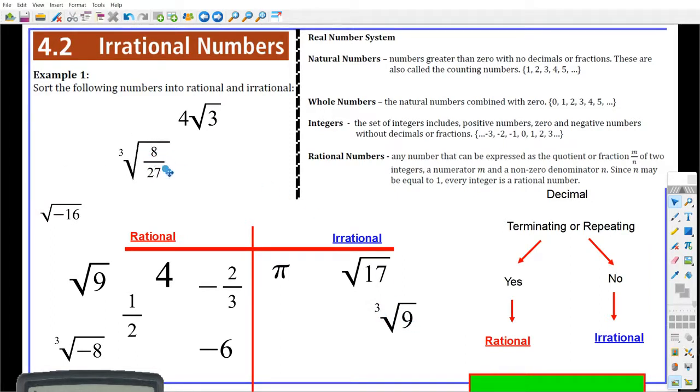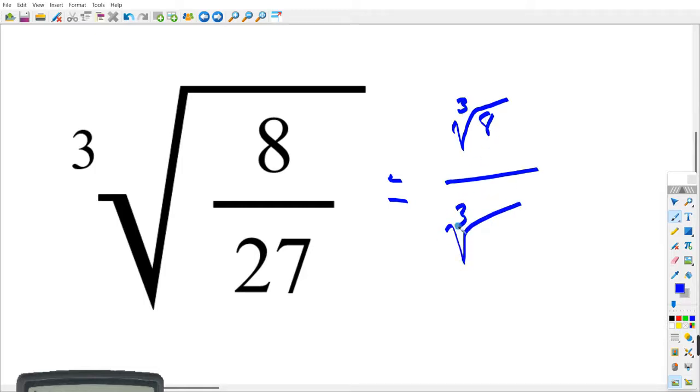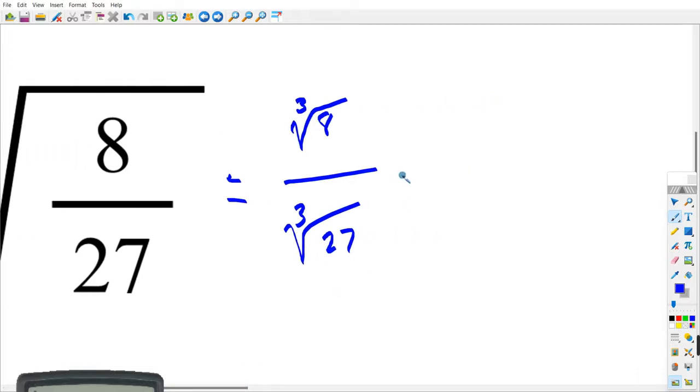The cube root of 8/27. Well, this one here is going to be the same as the cube root of 8 divided by the cube root of 27. And when we write it like that, we can evaluate both the numerator and the denominator to see that it's actually 2/3.